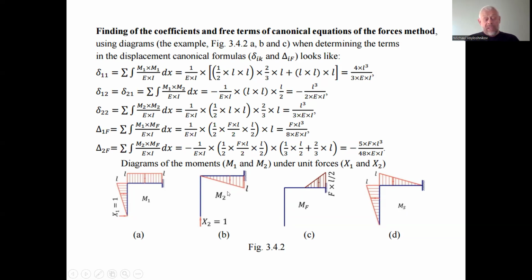This segment we can consider in the diagram of the bending moments and unit forces in the second direction as a trapezoid, and we have the location of the center of the area of the diagram of bending moment under the influence of the external load F. This is the formula in the brackets here, the formula for finding the ordinate of a linear trapezoid.